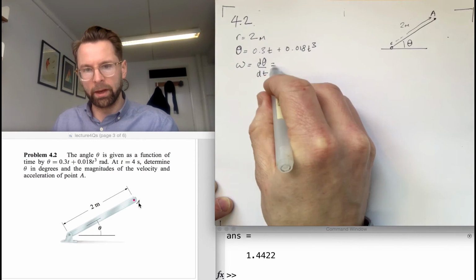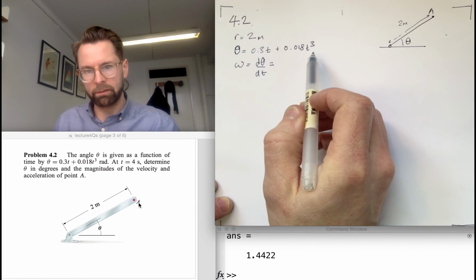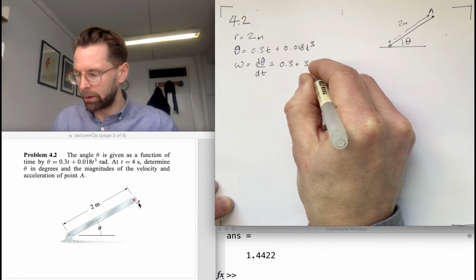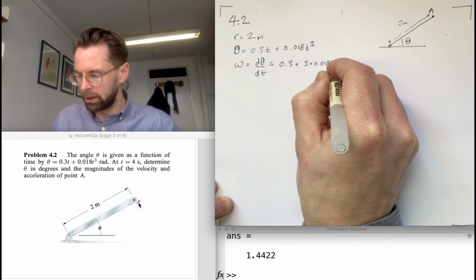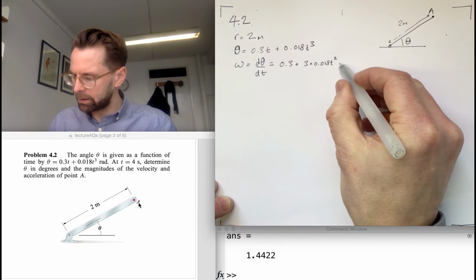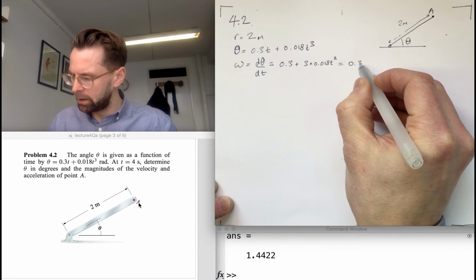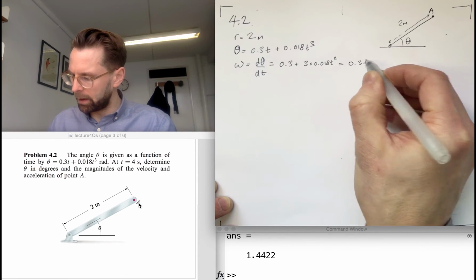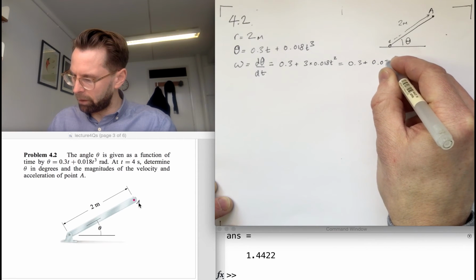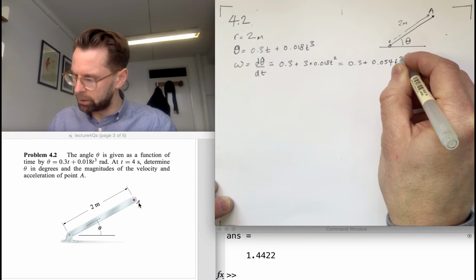So we can now differentiate that expression, and we get 0.3 plus 3 times 0.018 t squared. And that is 0.3 plus 0.054 t squared.